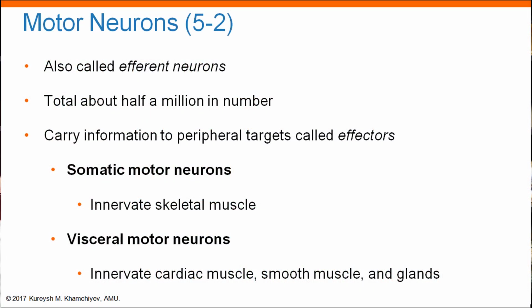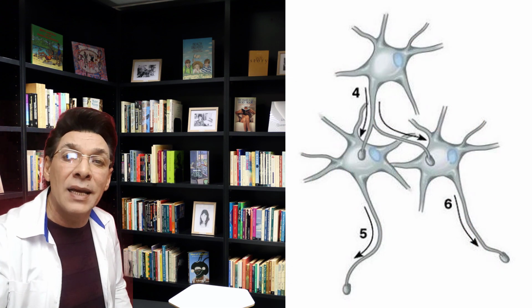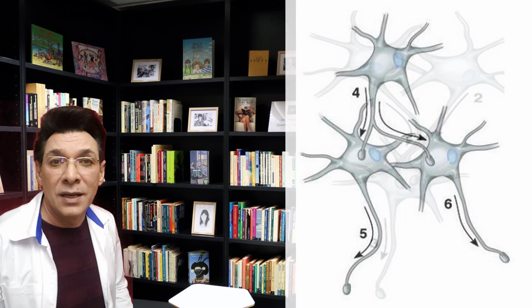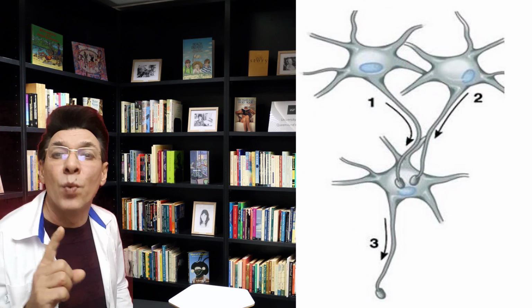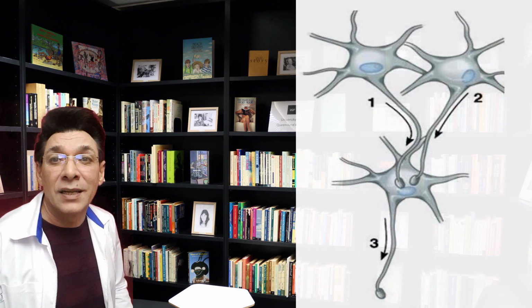Motor neurons are multipolar neurons and they carry impulses away from the CNS to the periphery, to effector organs. So nerves can have any arrangement of dendrites and axons, including one input to many outputs, divergence; many inputs to one output, convergence; and one input to one output.